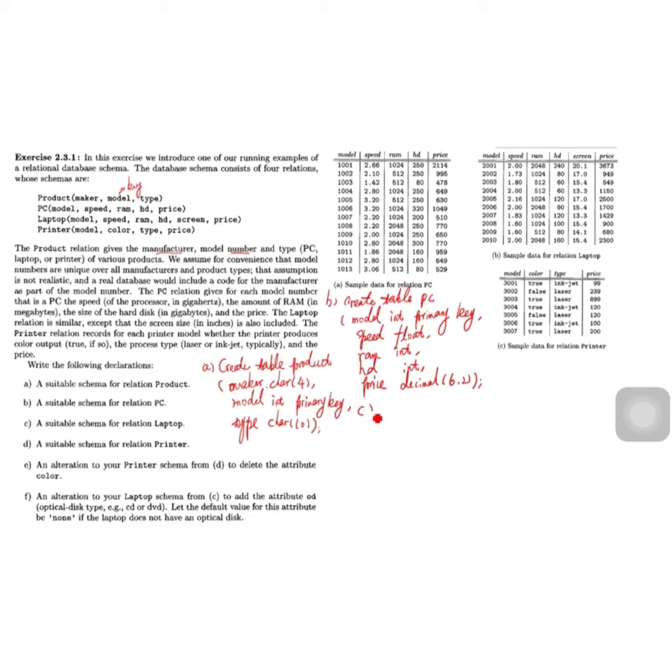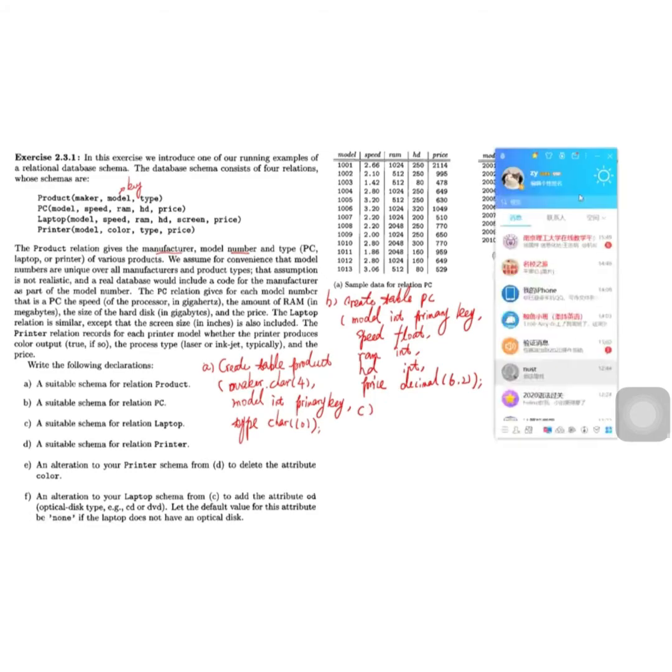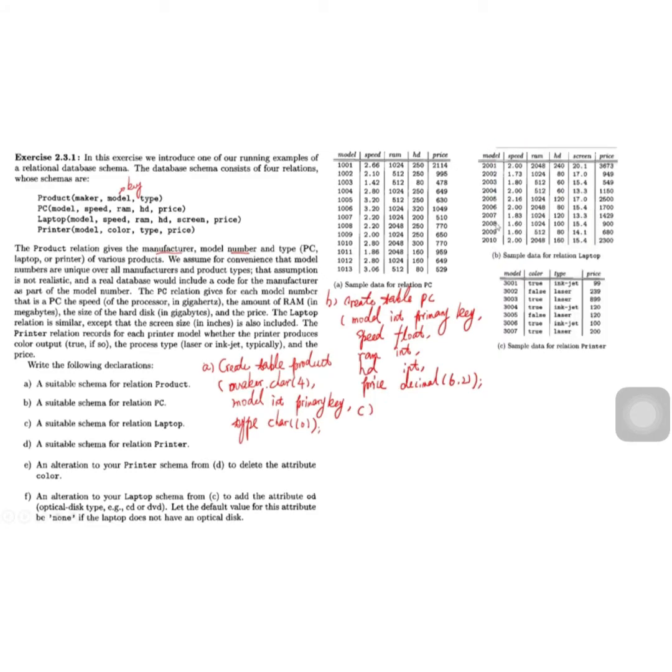Now, laptop. This is the sample of laptop. Create table laptop. List the attributes. Model int is also unique, so it's a primary key.